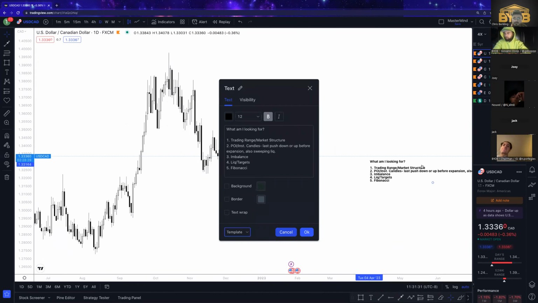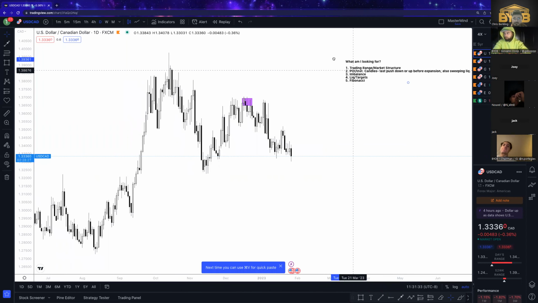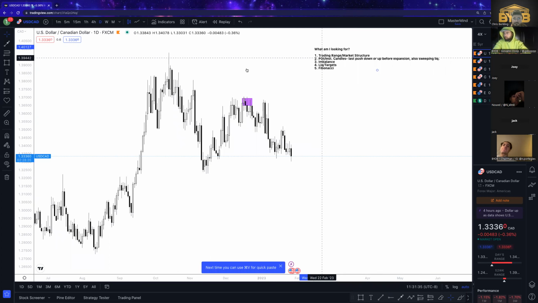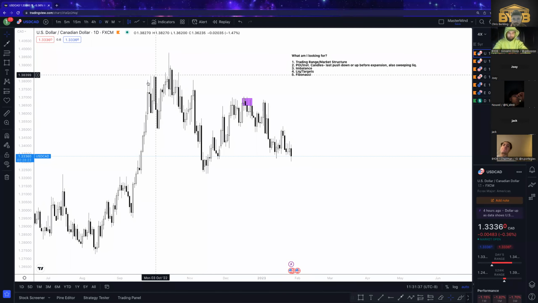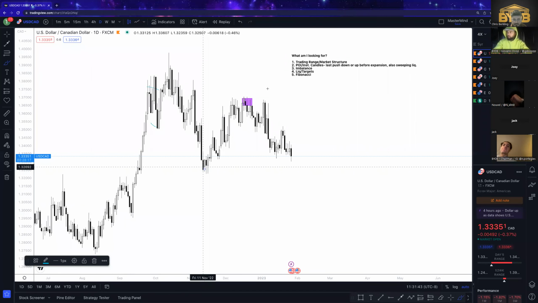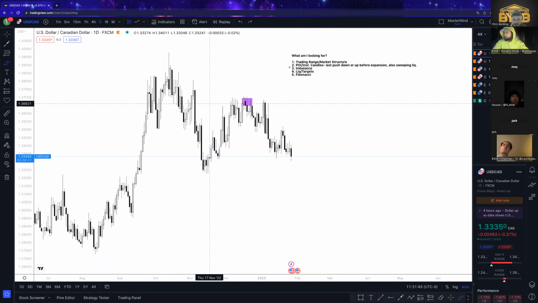Just a reminder of what we look for. First, range structure: I see the highs and lows formed. Then we see our points of interest, the areas that sweep liquidity, so imbalance and liquidity, and then we measure with our fib.